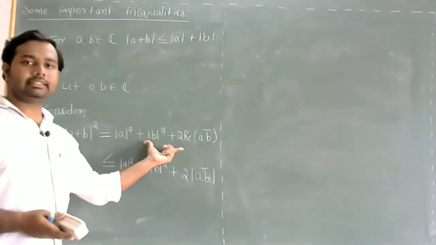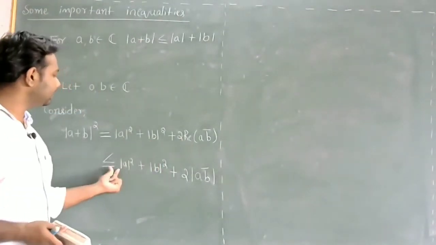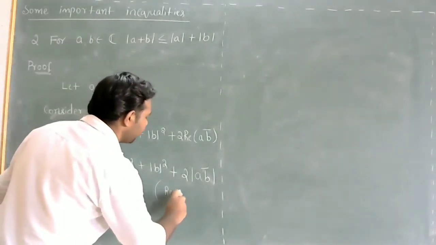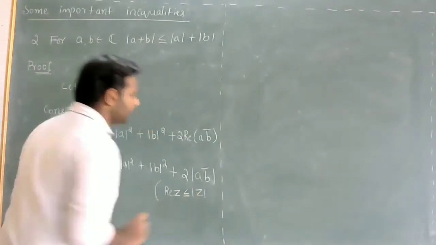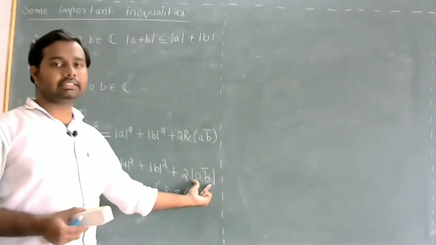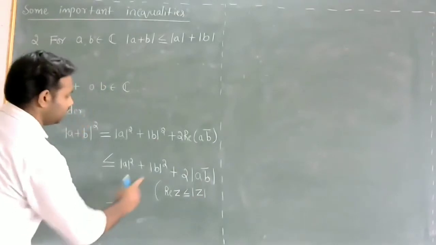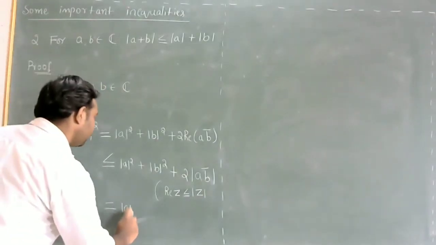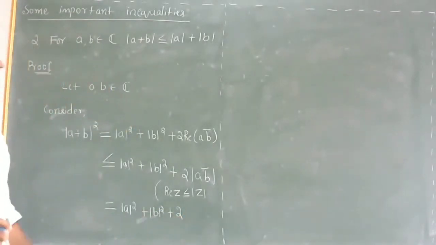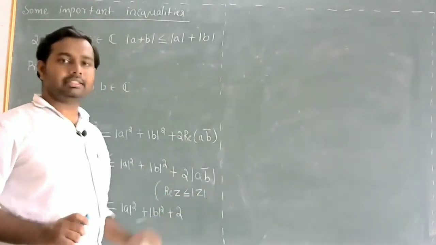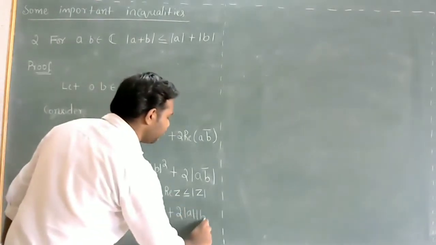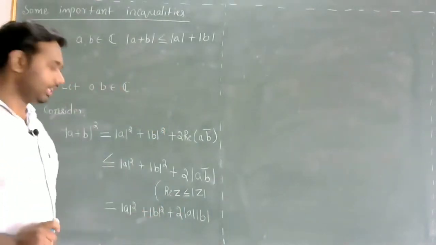So this term is less than or equal to this term. This is because real part of a complex number is always less than or equal to its absolute value. Real part of A into B bar is less than or equal to its absolute value. Now this step is equal to modulus of A whole square plus modulus of B whole square plus 2 into modulus of A into B bar, so I can split it as modulus of A into modulus of B bar, and modulus of B bar is modulus of B, you know that.